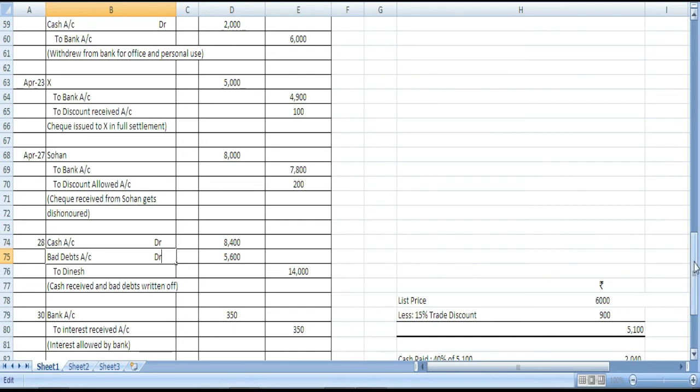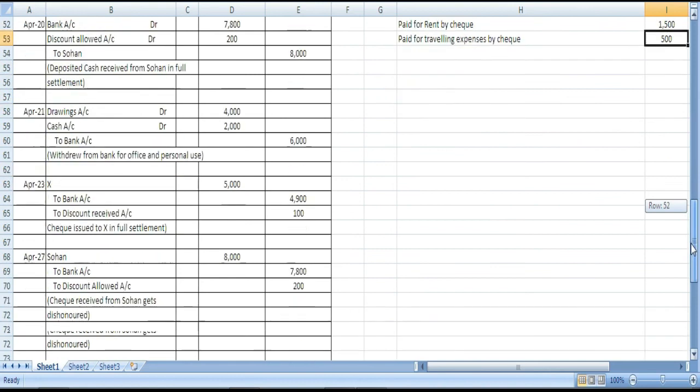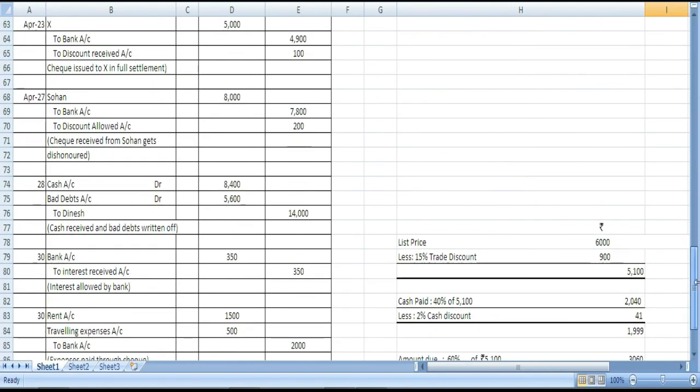Then we have the 30th. Bank allowed interest 350, paid for rent by check 1500, paid for travelling expense by check 500. Now, this bank allowed will be credited. So, the bank is allowing interest.